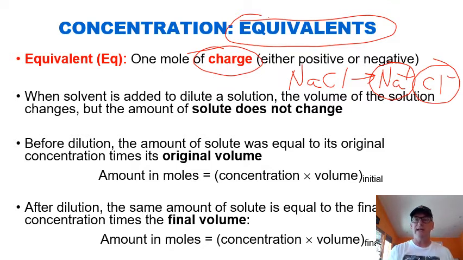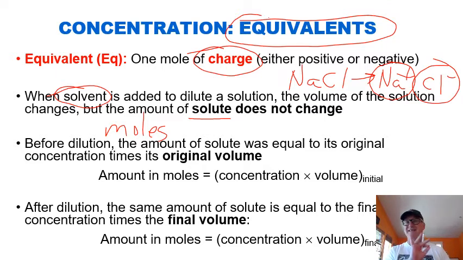And when we're diluting these things, we're adding solvent to dilute a solution. We're trying to figure out what concentrations are. Remember, the amount of solute doesn't change. So the number of moles is the same after we've diluted it as before we've diluted it, because the only thing we've added is solvent. We haven't added any more solute.